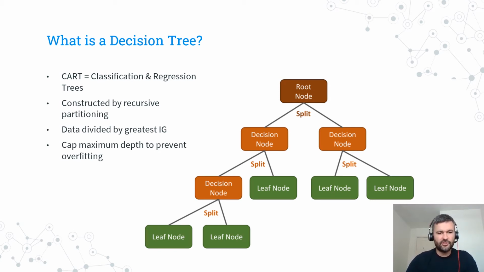As you can see on screen, we've got a very basic visual representation of a decision tree. And at the top, in brown, you can see a root node. Each root node represents a single input variable, usually known as x, and the split point on that particular variable.